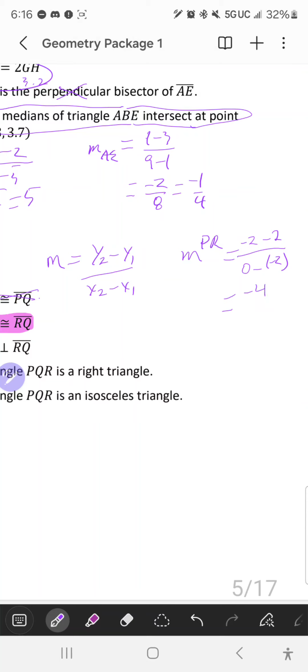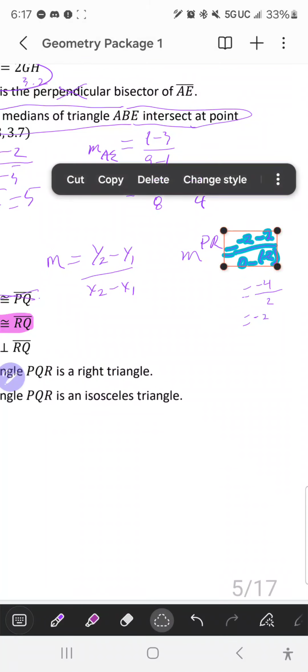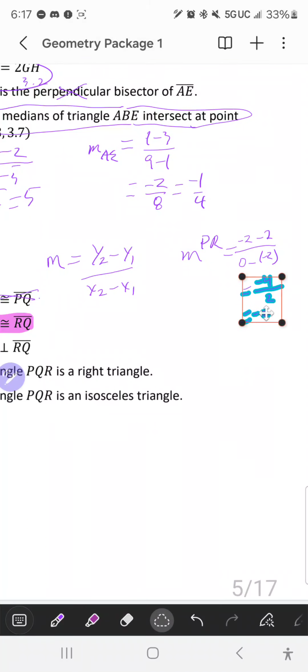This is just negative 4, since they have the same sign, so we just add them together and keep the sign. And minus minus is going to be plus, so 0 plus 2 is just 2. Now we can divide: 4 divided by 2 is 2, and since they have opposite signs, we just keep the negative sign. I'm also going to make this smaller.